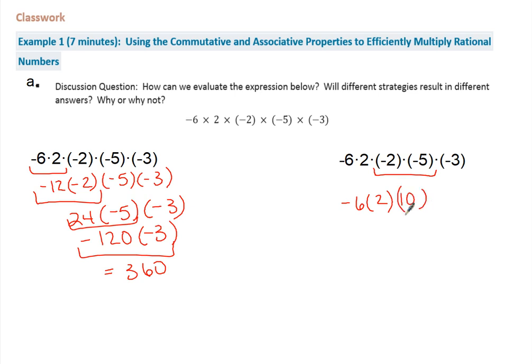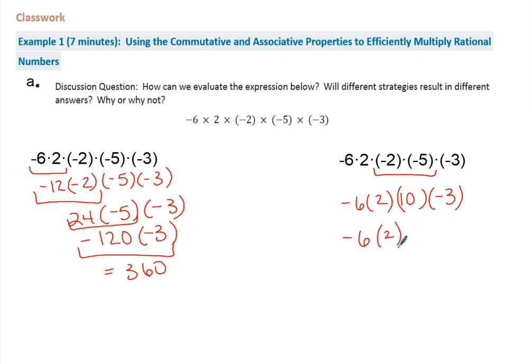And then I still have my negative 3. Then at this point is where I've decided I'm going to switch something. I'm going to put negative 6 times 2.